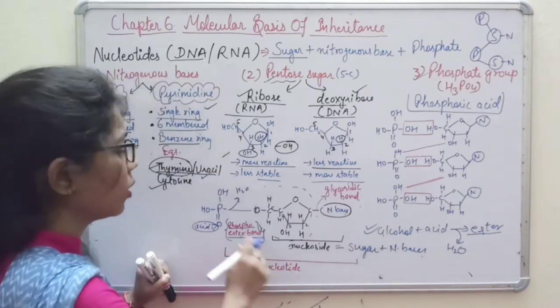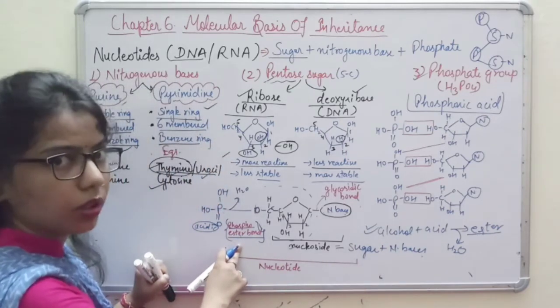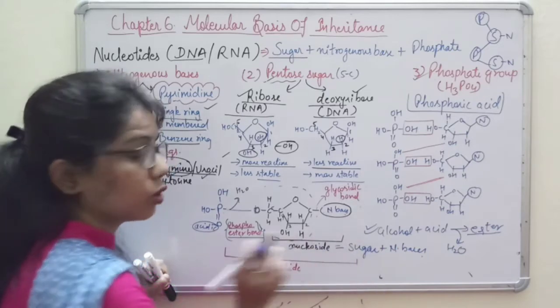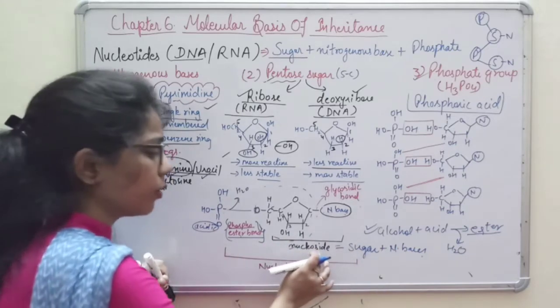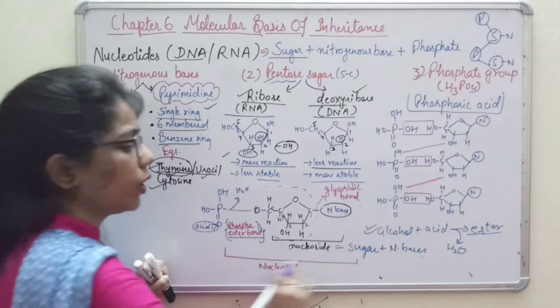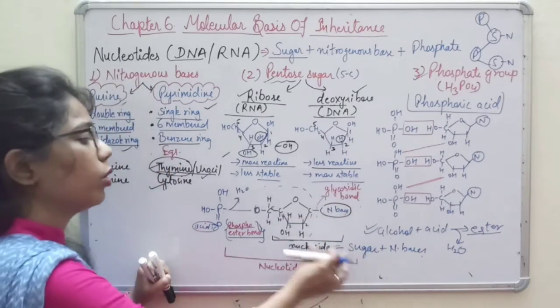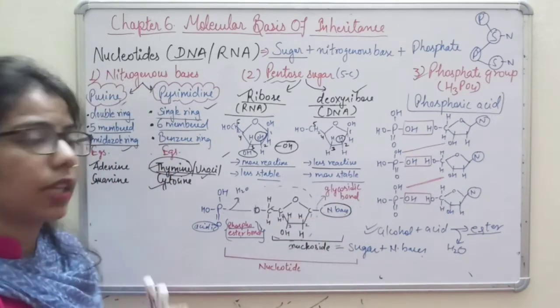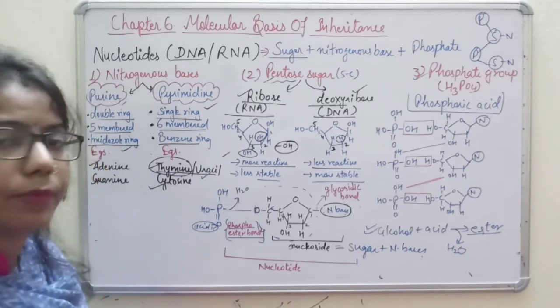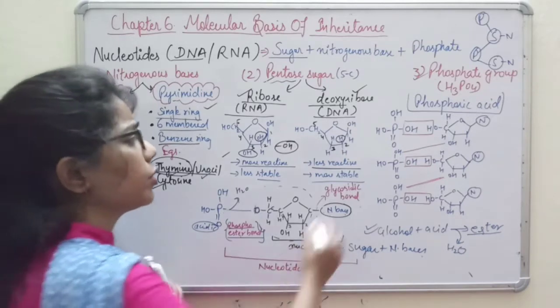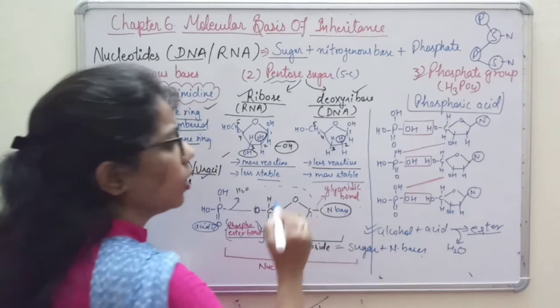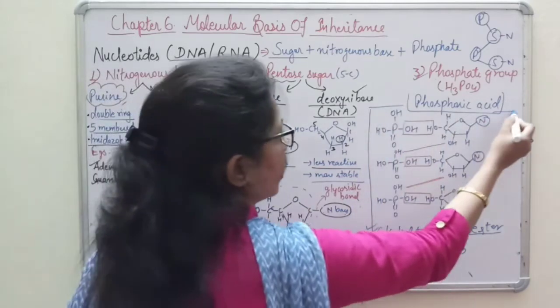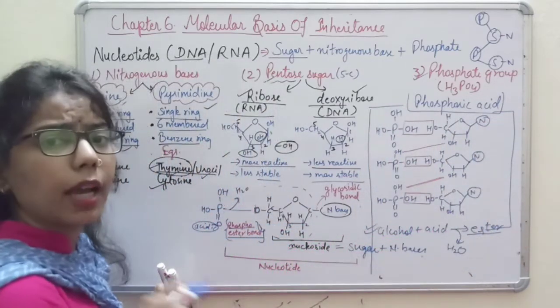Okay, it doesn't include the phosphoric acid or the phosphate group. So don't confuse between these two, nucleoside and nucleotide. In a nucleotide all three things combine, and in a nucleoside only the ribose sugar as well as the nitrogenous bases. Clear? Now I have shown one more thing here. See, we are talking about nucleotides.